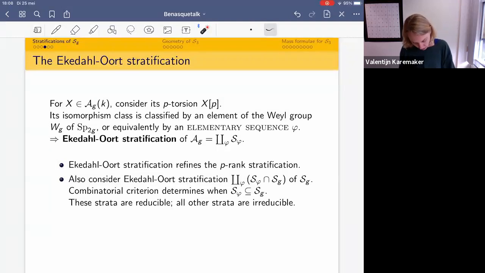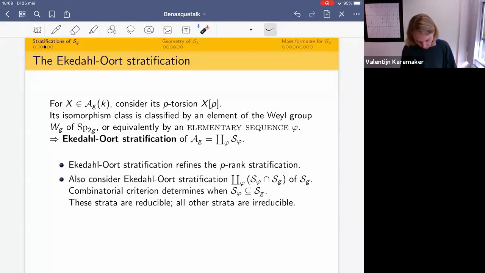Secondly, you can also consider an Ekedahl-Oort stratification of the supersingular varieties by simply intersecting each Ekedahl-Oort stratum with S_g. And there's a combinatorial criterion, not too difficult, which determines when such an Ekedahl-Oort stratum is fully contained in the supersingular moduli space. But again, generally, the intersections of Ekedahl-Oort strata with S_g are unknown. So we don't really fully understand when this intersection is non-zero.